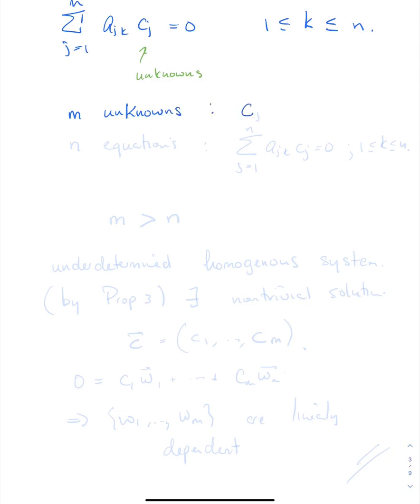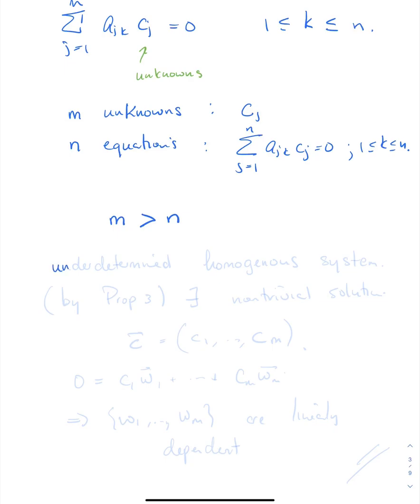What are the unknowns? The Cj's. Then we have n equations. What are these equations? The sum of a sub j, k times Cj is equal to 0, with j from 1 to m, and we've got one for each k from 1 to n. Okay, m unknowns, n equations, where m is greater than n from the get-go.